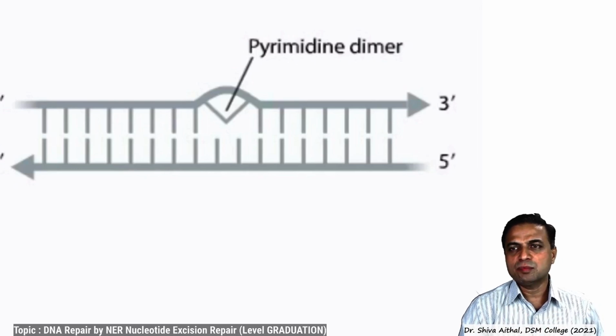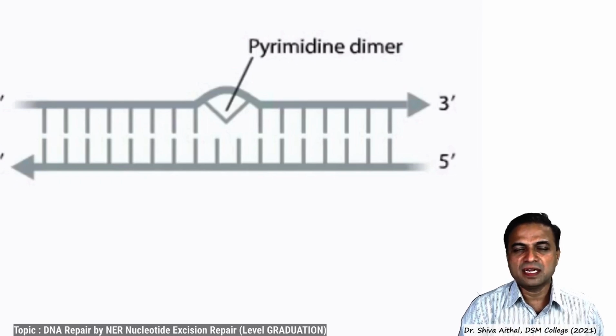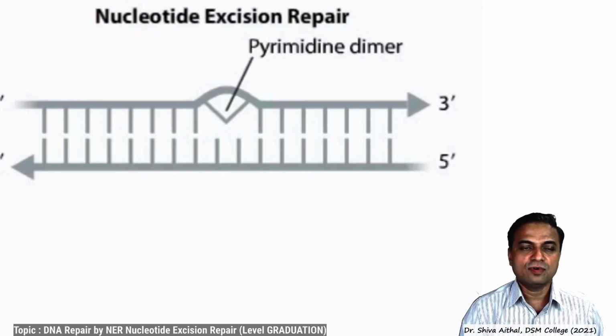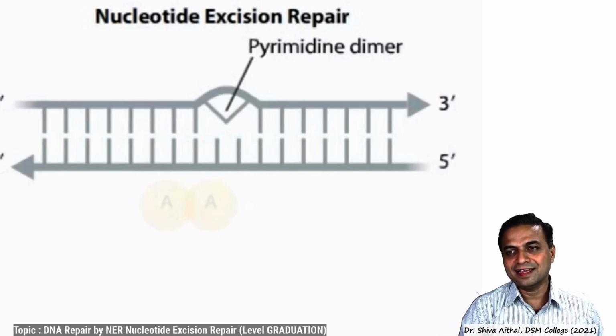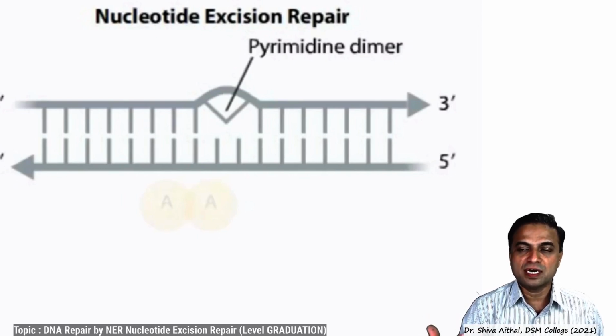Pyrimidine dimers can be repaired by several mechanisms, and one method is nucleotide excision repair. In this system, there are three proteins, which are products of gene expression: the product of the UvrA gene, UvrB gene, and UvrC gene.